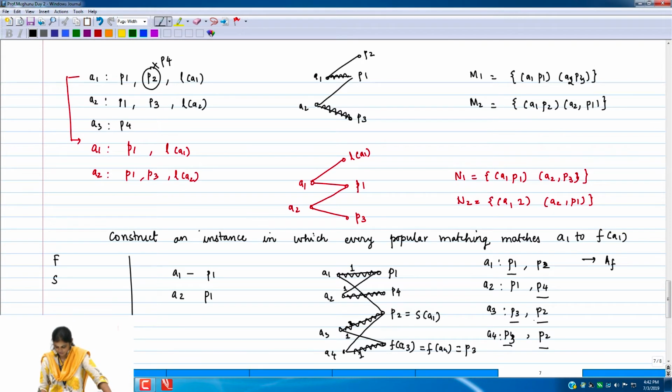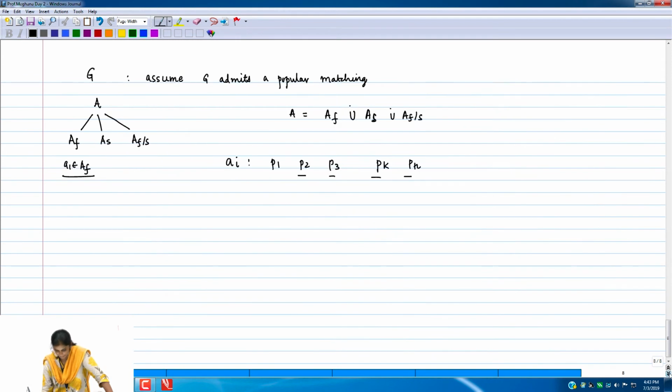So therefore this is P3, and what we see is this applicant is in the set AF, because every popular matching matches it to its F post. This applicant is in the set AS. These two applicants are in the set AFS, meaning they can sometimes get matched to F, sometimes to S. But my question was, will it happen that the algorithm that underlines posts will have 4 posts underlined?